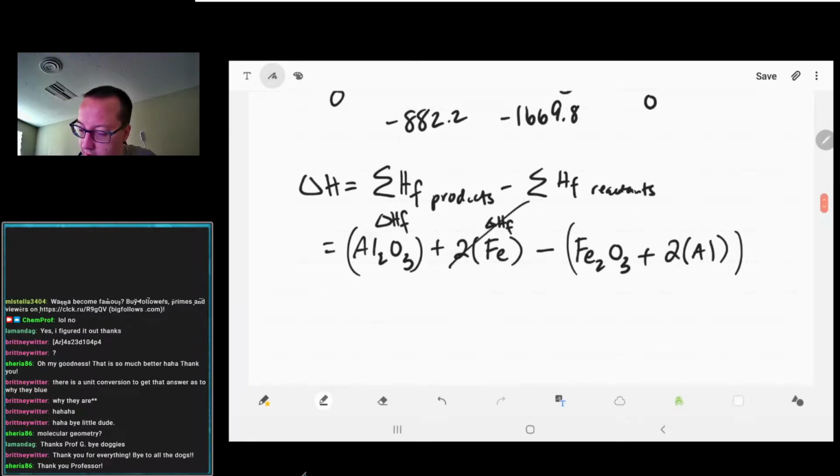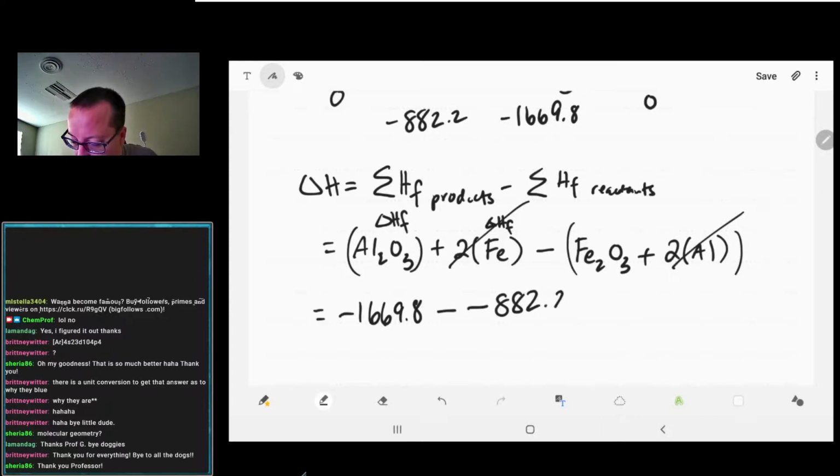So remember these guys are 0, so who cares about them? So that's going to say we need 1669.8 minus negative 882.2. Let me do this. I know how to calculate these, I hope.